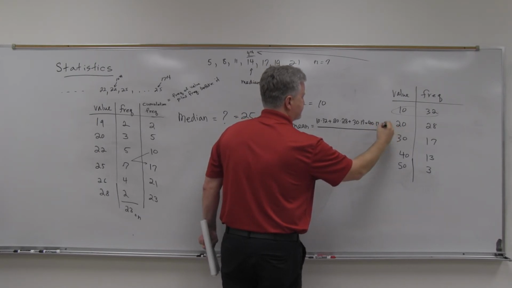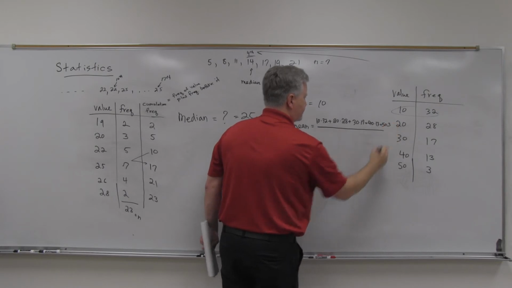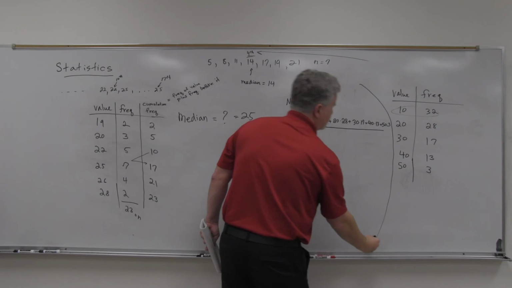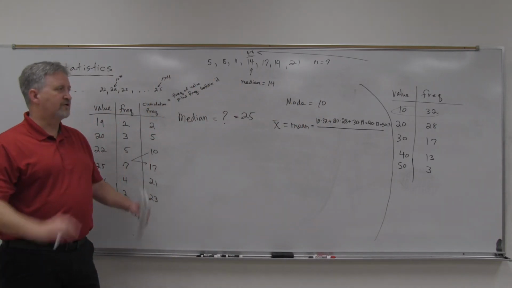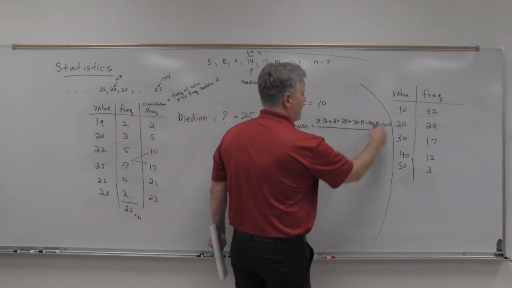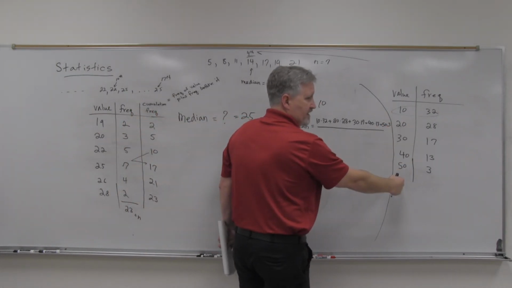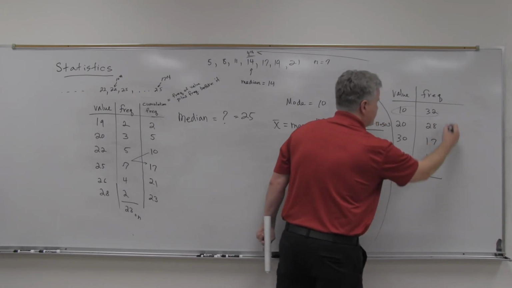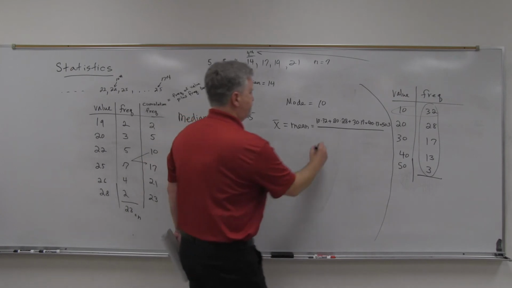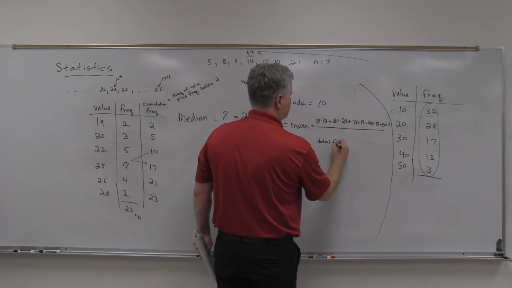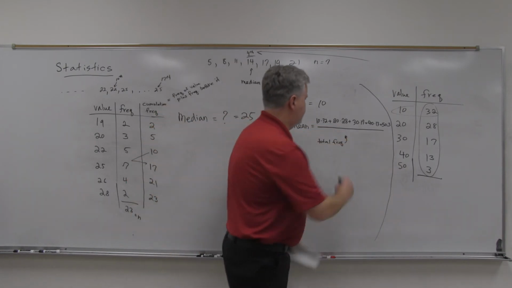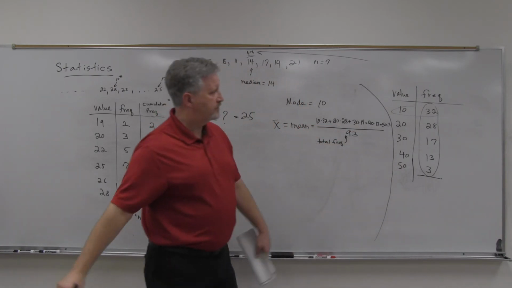Then we're going to divide. What do I divide by? There's not just 5 values, is there? The total number of values is the sum of this column, right? Which would be 93.